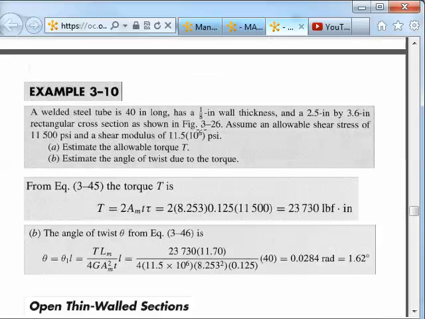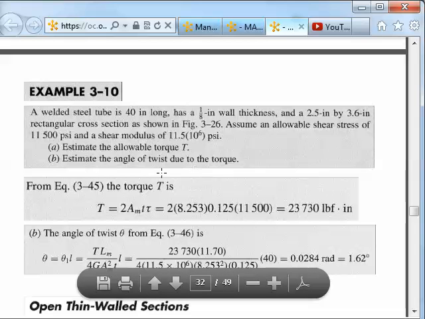So for a rectangular tube, we're going to calculate the area of the cross section. The area is 2.5 inches minus an entire wall thickness on each side, and 3.6 inches minus an entire wall thickness on each side. Did they give us the area?